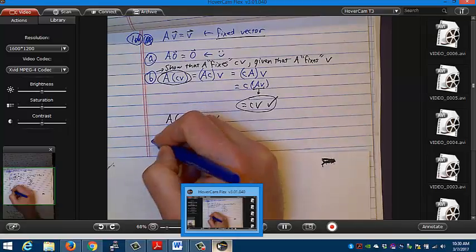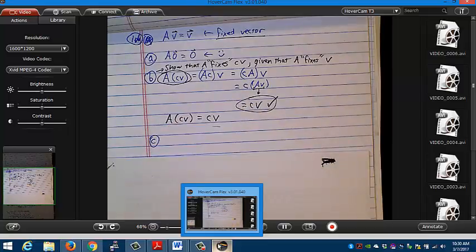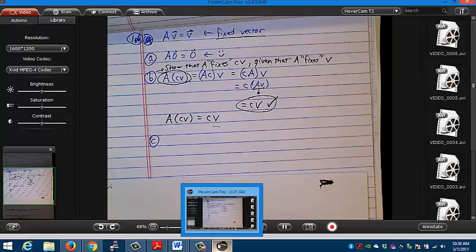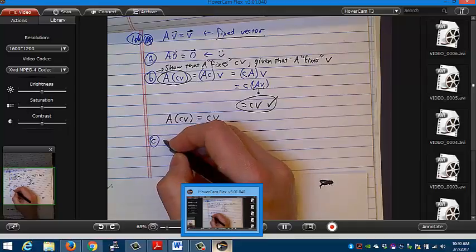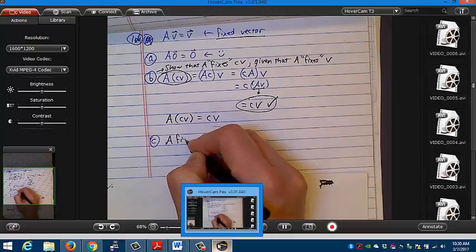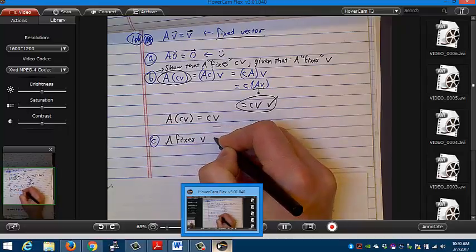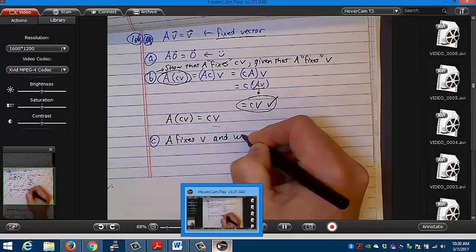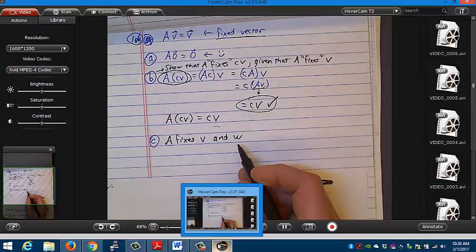Part C. It says, suppose that A fixes the vectors V and W. Does A fix V plus W? So part C says, okay, A fixes V and W. Let's unpack those statements.